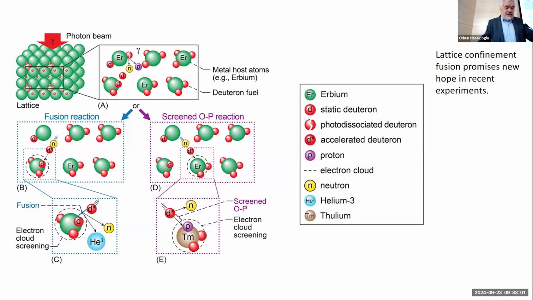In this case, we typically have a metal lattice of atoms, and the fusion material, the elements that we'd like to fuse, deuterons, or in some cases boron 10 or boron 11, is embedded inside this metal lattice.